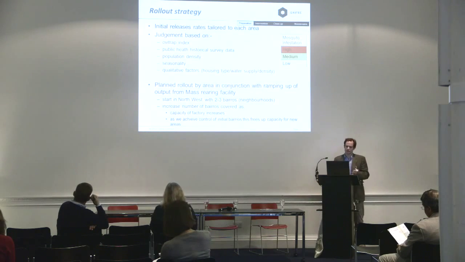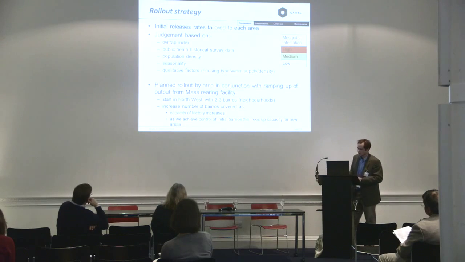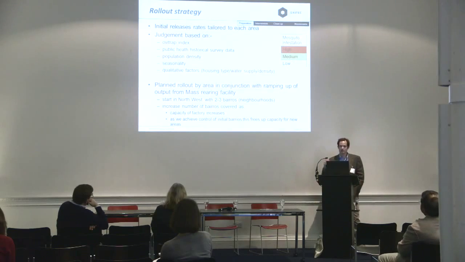And this judgment is based on a variety of data, including our ovitrap data, any historical data, human population density, seasonality, and things like housing type, water supply, that sort of thing. To simplify the process, we categorize areas as being high, medium, and low in terms of mosquito infestation. And that's how we go about starting and planning a program.